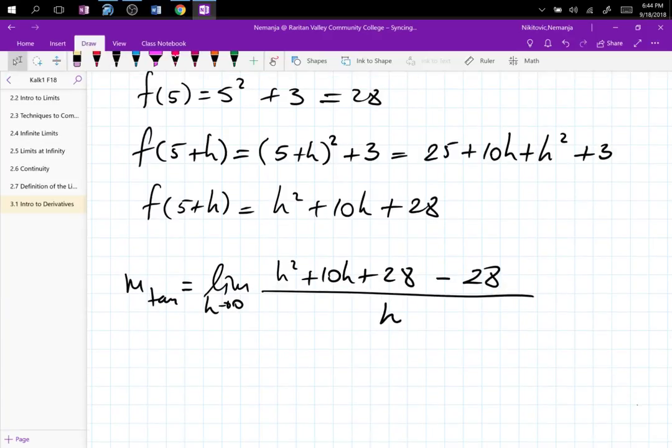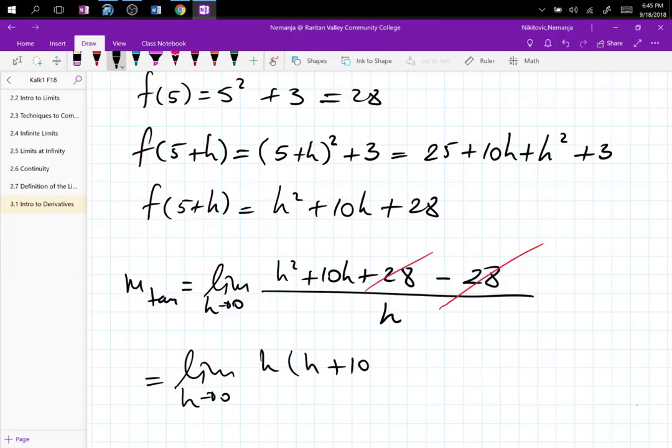Perfect. Well, the 28 kills 28, that's done. And whatever is left, you can kick out h, which will cancel in the denominator. So limit, h goes to 0, you can kick h out, you have h plus 10.